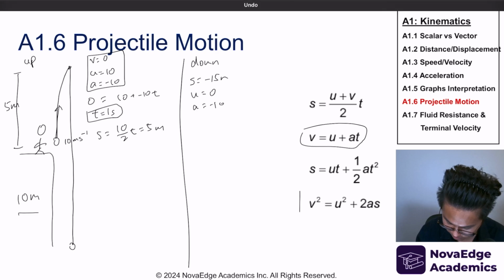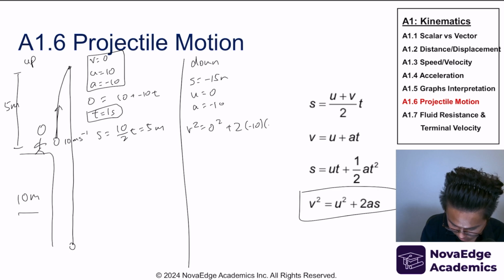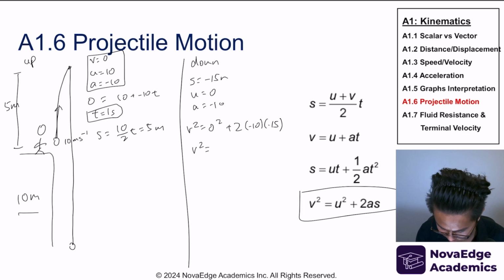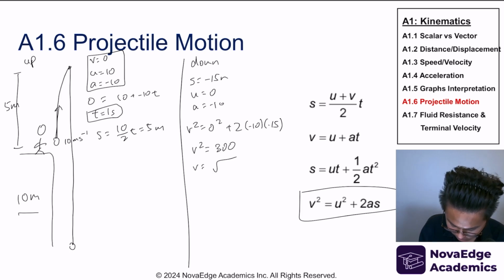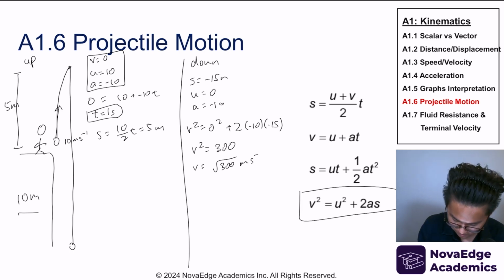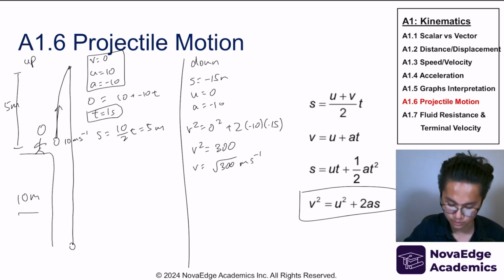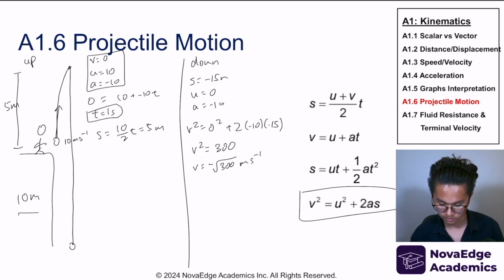So let's do this one. v squared is equal to u squared, 0 squared, plus 2as. And you're going to find that v squared is equal to 300. So v is going to be square root of 300 meters per second. And it's actually going to be a negative value because the velocity is going downwards. Okay, so keep that in mind.